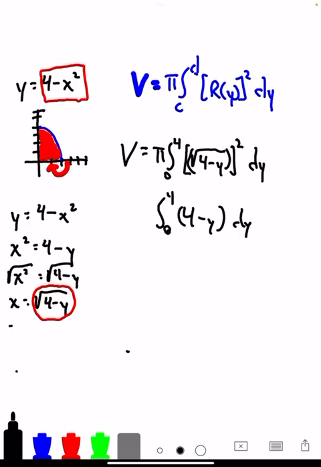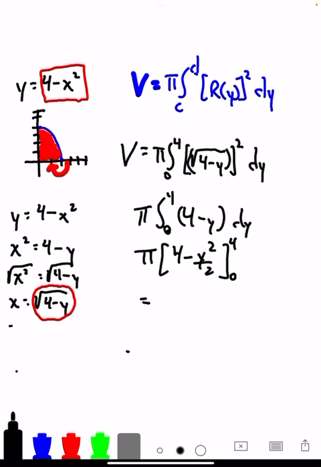The antiderivative of 4 minus y, that's going to give us 4y minus y squared over 2. And we want to find the antiderivative of this from 0 to 4. And like we said, from here, it's an algebra problem.